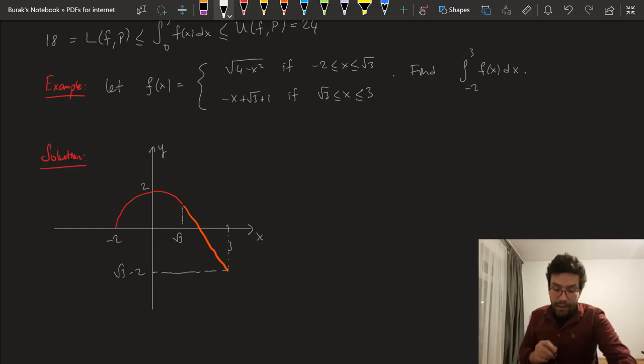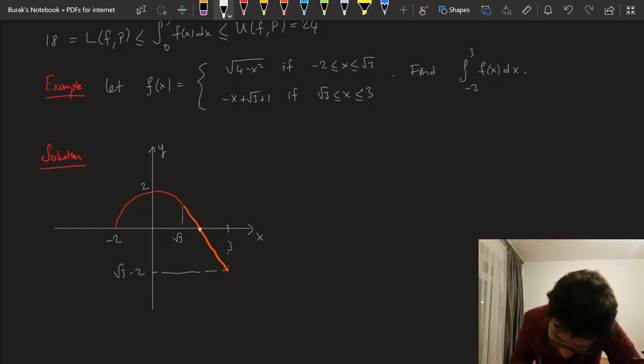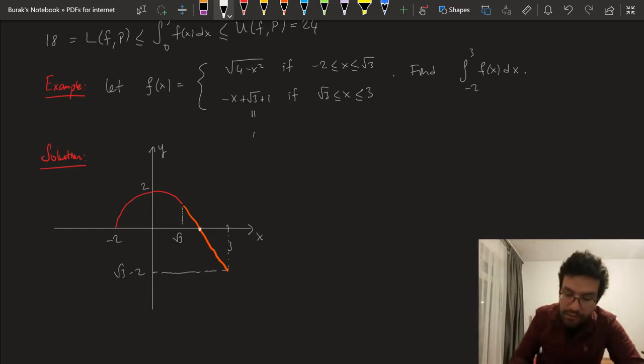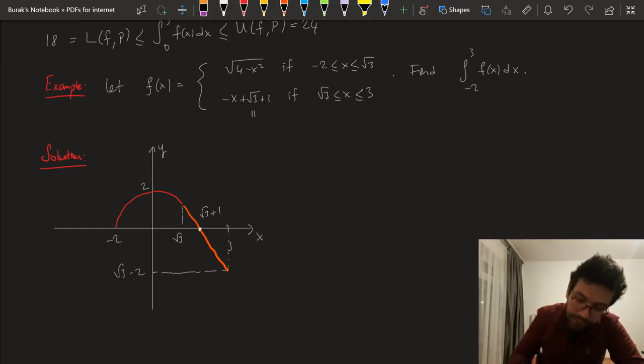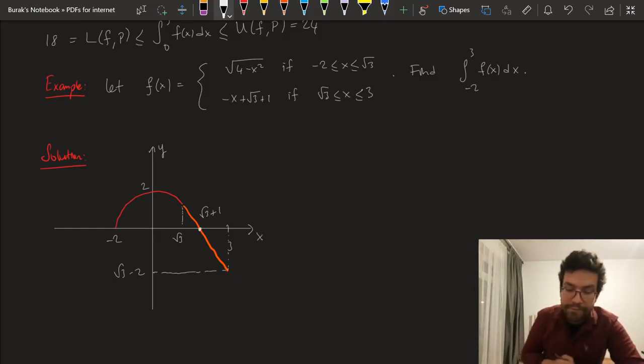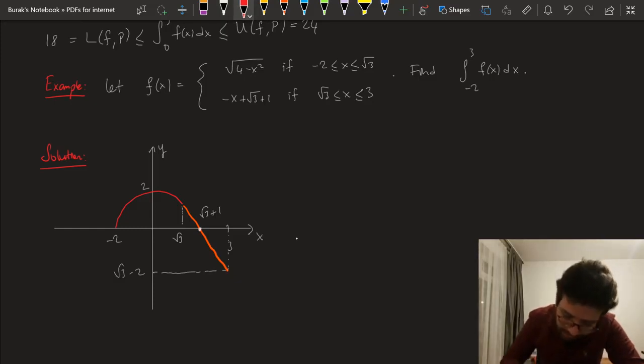Okay, and let me also find this point. When you set this to 0, you'll see that x is root 3 plus 1. So at the point root 3 plus 1, the value of my function is 0, okay? Now, this is a continuous function.